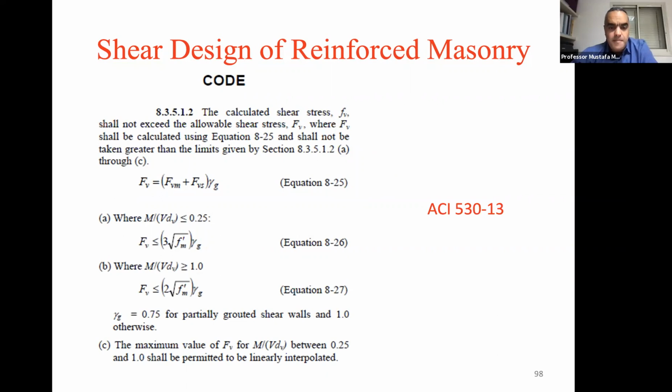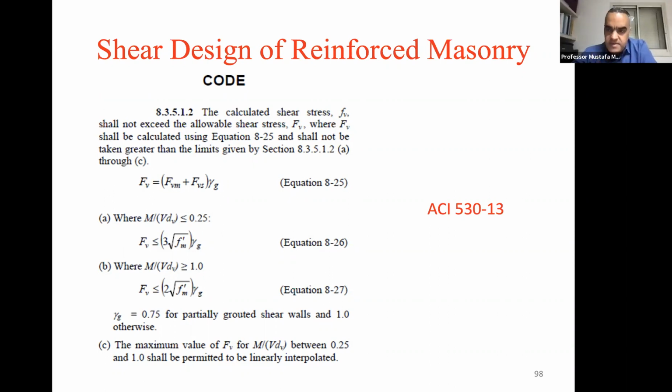The allowable shear is given as such. For reinforced masonry, we have F sub V, which is equal to F sub VM plus F sub VS. F sub VM is the allowable shear stress in the masonry, and F sub VS is the allowable shear stress in steel, multiplied by gamma sub V. By the way, all these notations are defined in chapter 2 of the code.